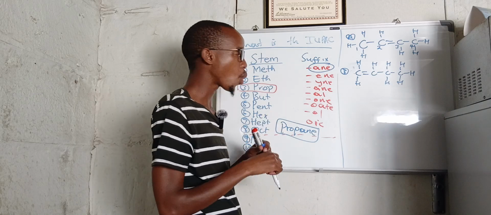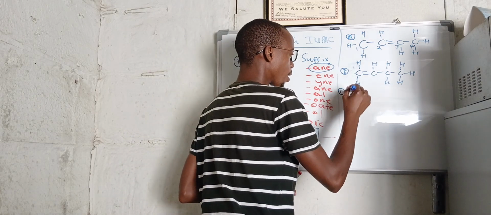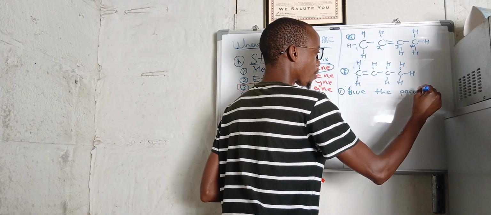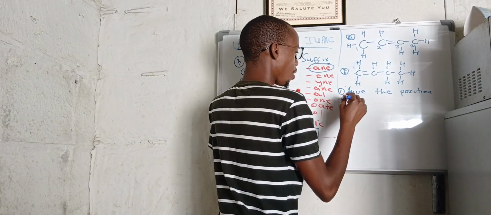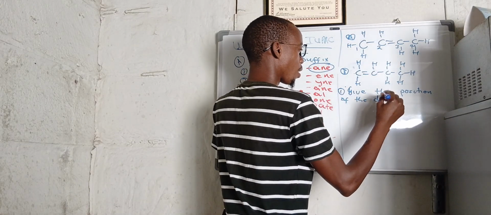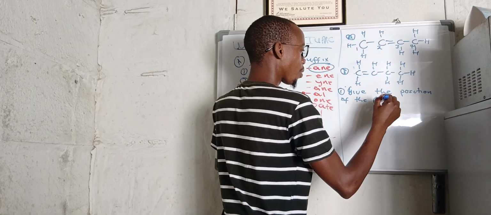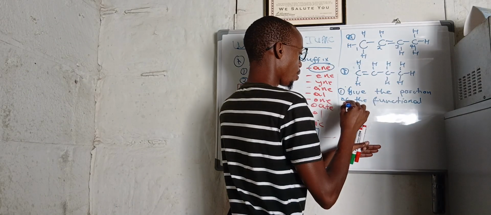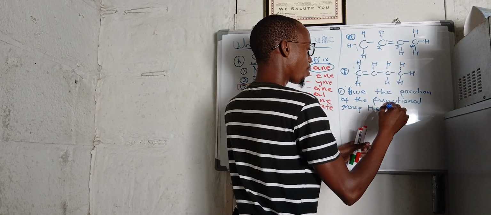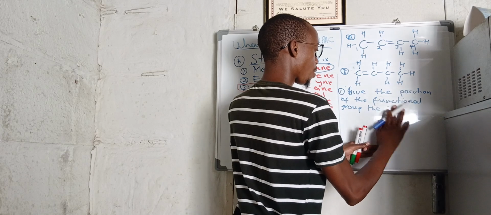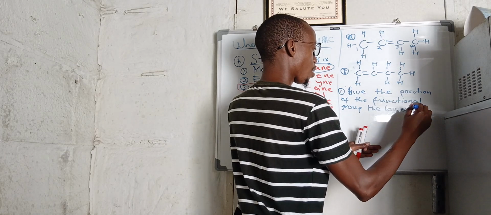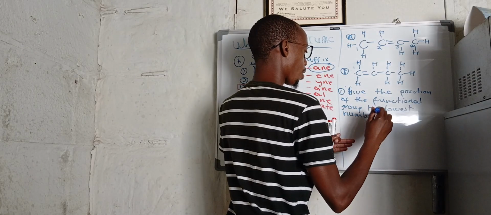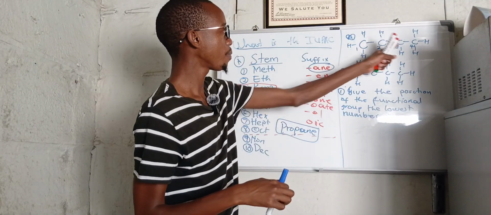So we need to note the following. 1, give the position of the functional group the lowest possible number.